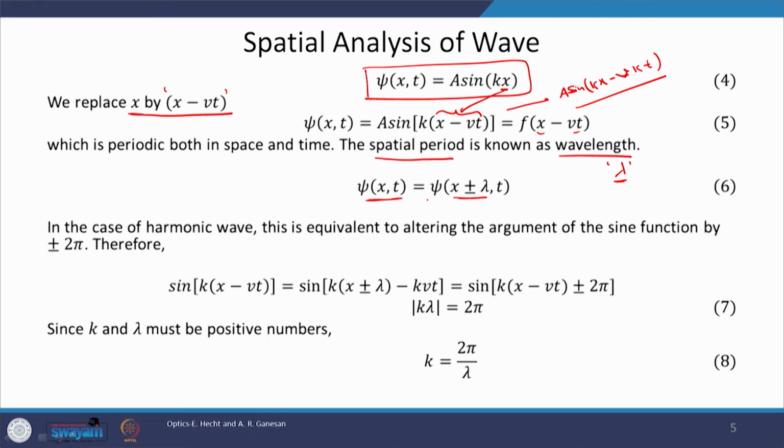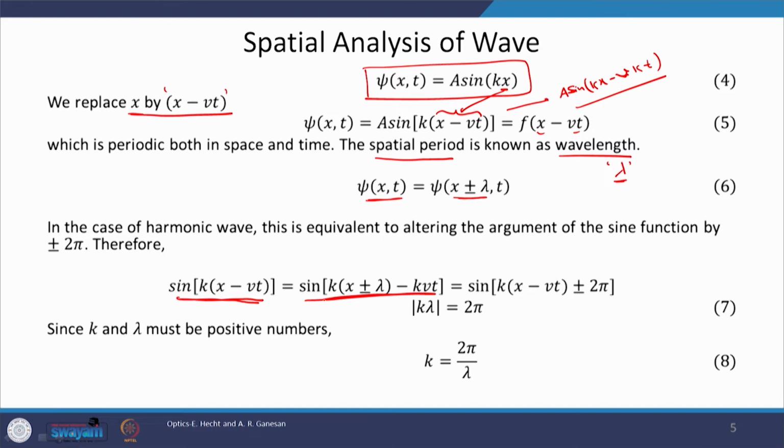Then what we can do is write this wave function and then add and subtract lambda in this. And we also know that in the expression of sine, if we add or subtract 2 pi in the argument, this will also not cause any variation.